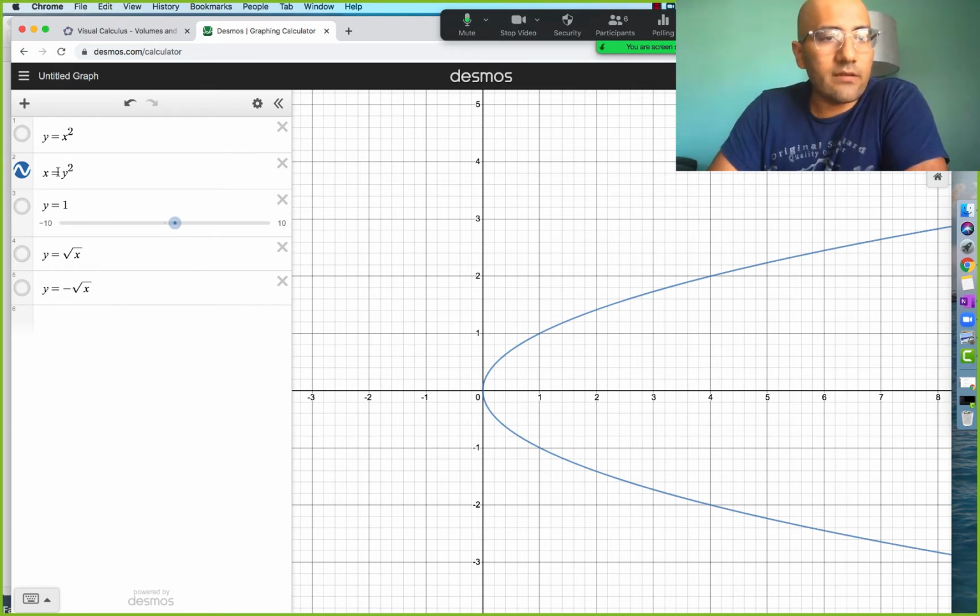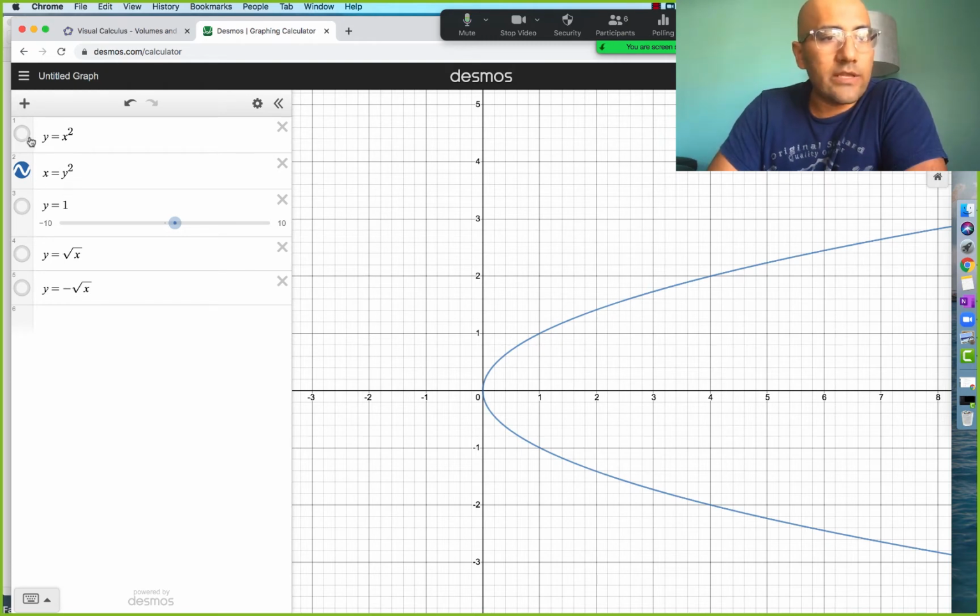If I solve it for y, taking the square root of both sides, I get plus or minus root x. So here they are. The positive gives you the top half, that's the purple, and the minus root x gives you the bottom. So this gives you a way to graph this in function notation, right? Because individually this black one is a function, individually this purple one is a function, but this one is not a valid function, right?